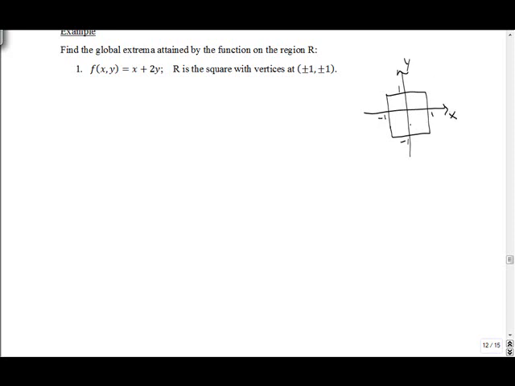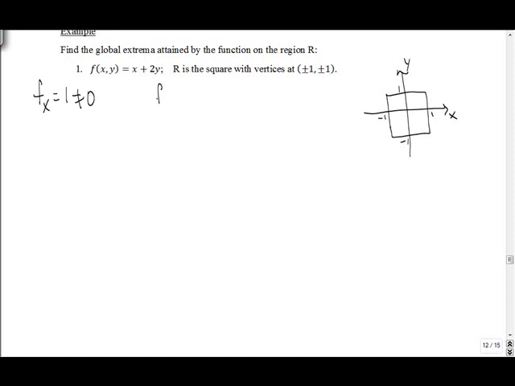All right. The first part is very familiar to you. Find the partials, just find the critical points. First partial, fx is 1. Now, remember we have to put this equal to 0. That cannot be 0.